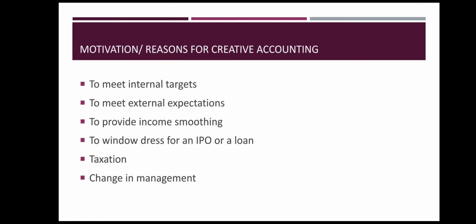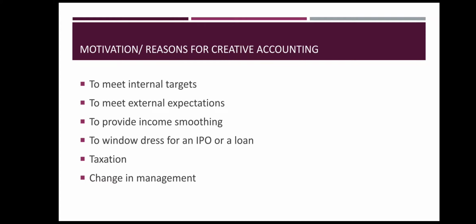Now in a year, if there is too much profit, the company does not disclose it, because suddenly the rate of shares might go high and it will affect the market. But in the next year, if there is loss, what the company can do is it can create more reserves. When the company is earning a good amount of profit, it can create certain reserves and keep this profit aside.